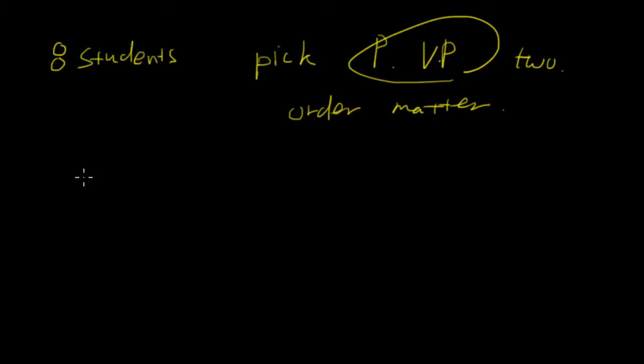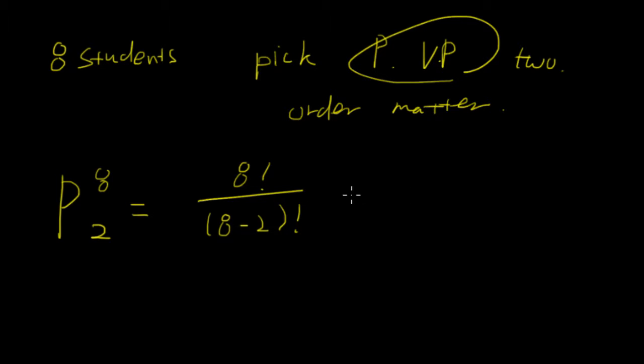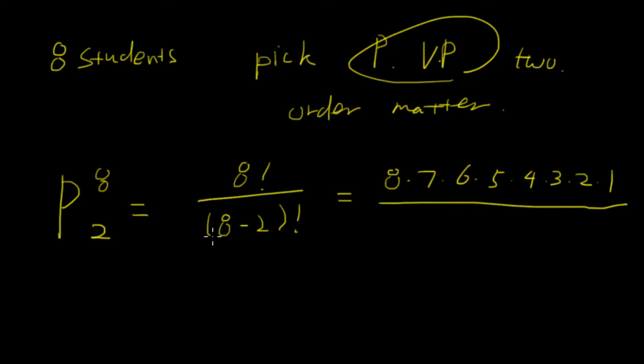Then we use P, out of 8, pick 2. That would be 8 factorial over 8 minus 2 factorial. So 8 factorial would be what? 8, 7, 6, 5, 4, 3, 2, 1. And 8 minus 2 would be 6 factorial: 6, 5, 4, 3, 2, 1.